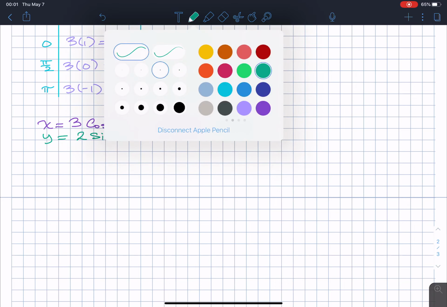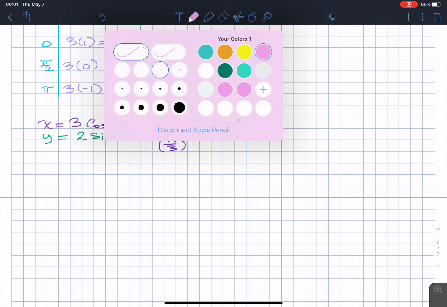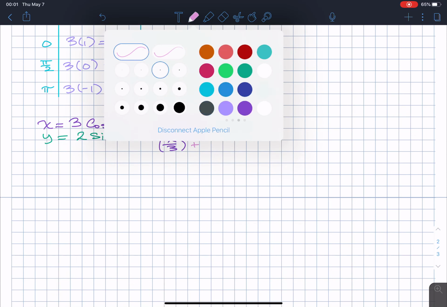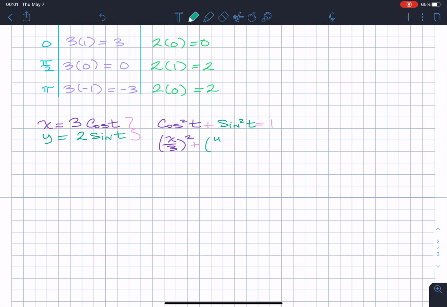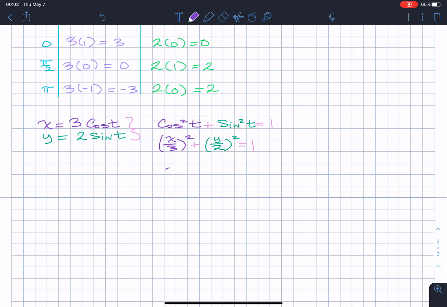Okay, so cosine squared in this case is going to be (x over 3) squared. Sine squared in this case is going to be (y divided by 2) squared. That's equal to 1, otherwise known as x squared over 9 plus y squared over 4 is equal to 1. This is the equation of an ellipse, right?